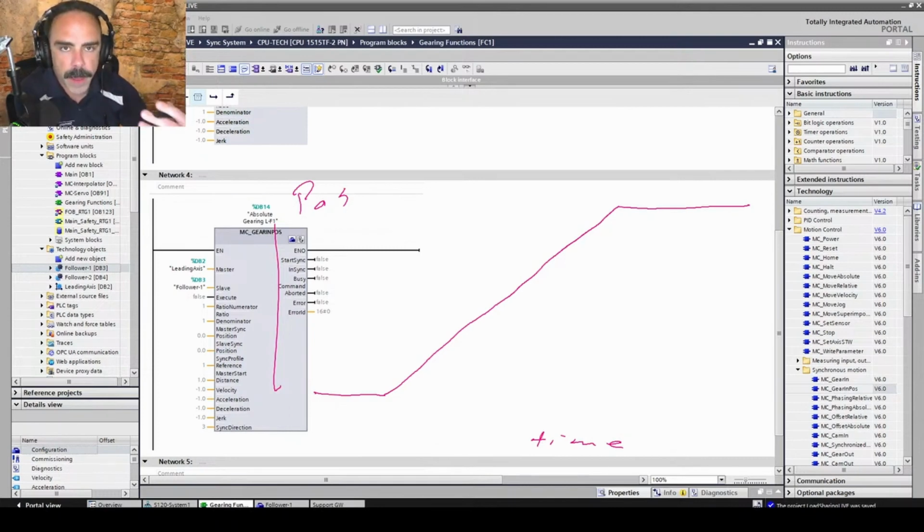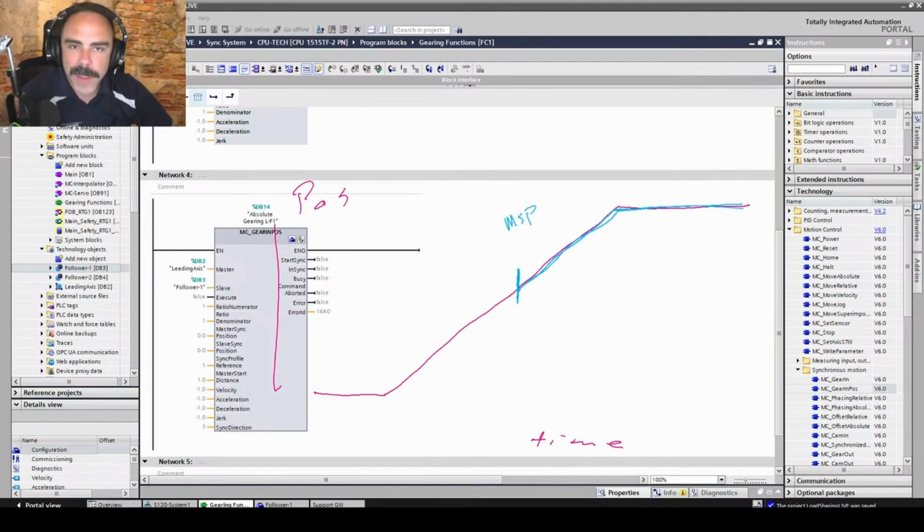Well, in this one, you want to have a set point somewhere where you begin to be synchronized. That's the intent. You have this position here that it wants to be synchronized after. And in that is the master sync position, MSP.